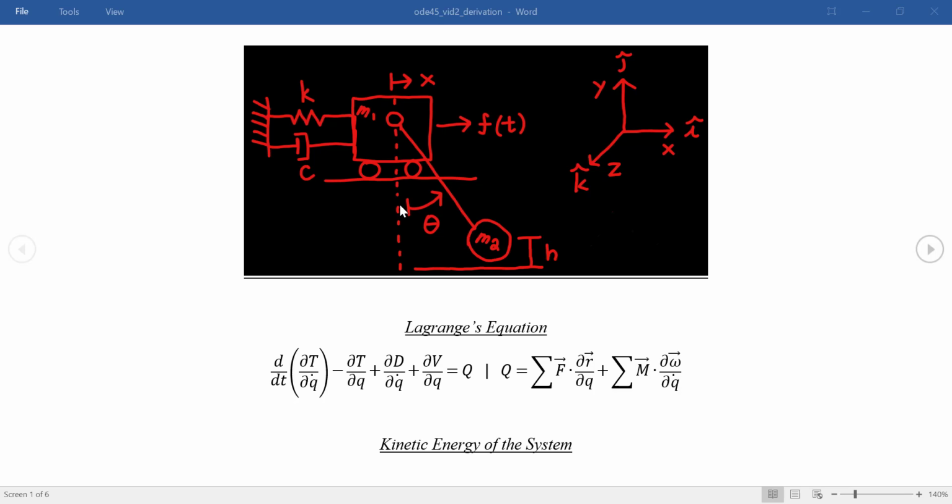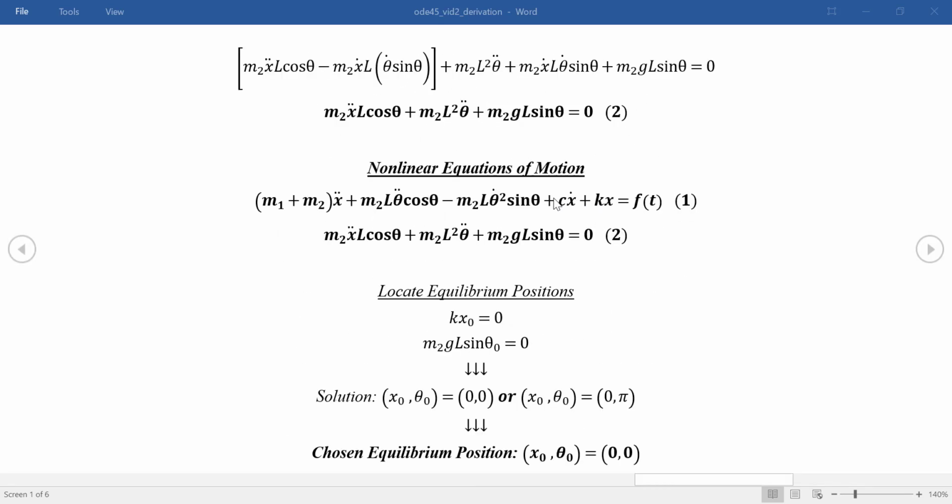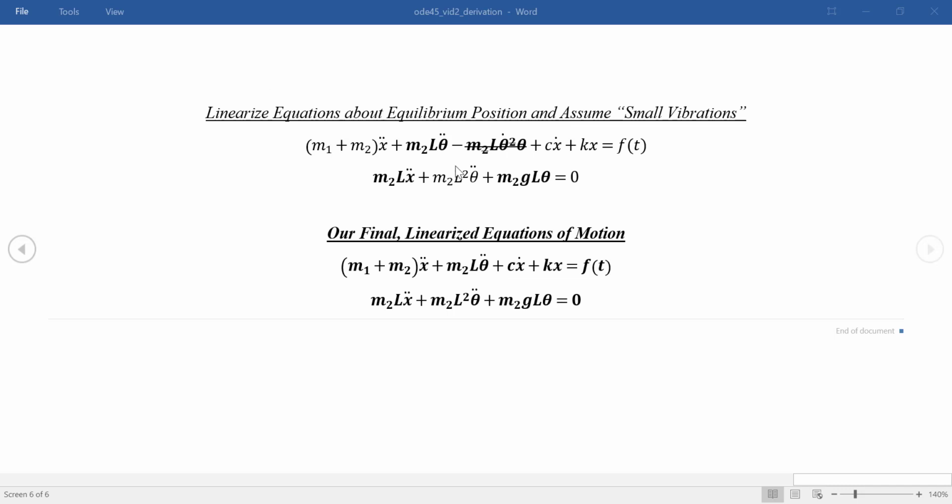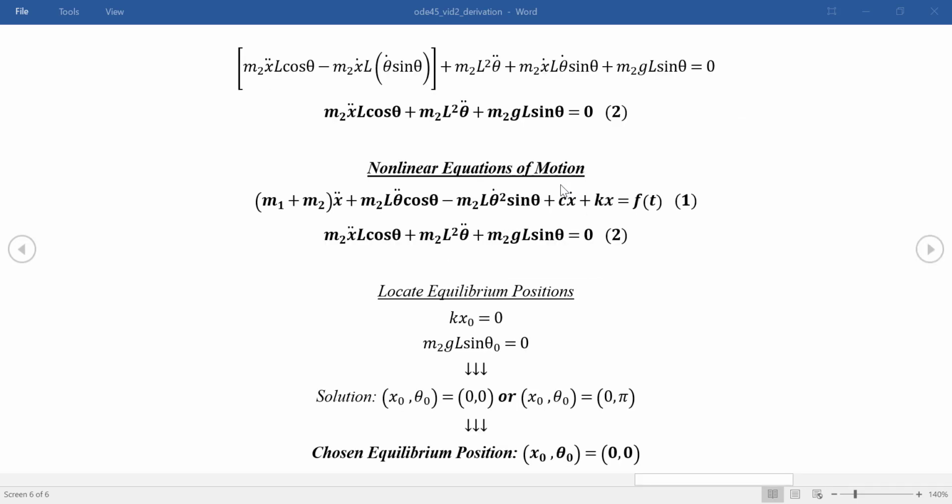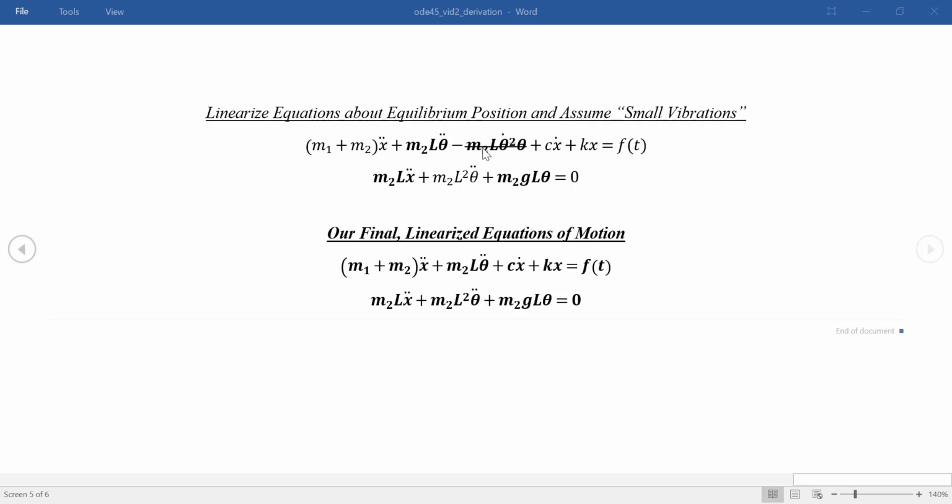And with that being the case, that allows us to make some simple assumptions. If theta stays small, then our whole idea of linearizing about this equilibrium position is safe, because theta will never be really large. It'll stay around the 0 area, so the cosines of theta are 1, and the sines of theta are thetas.